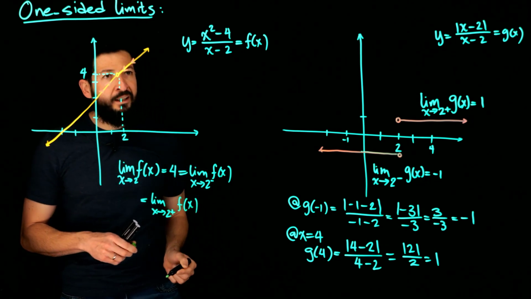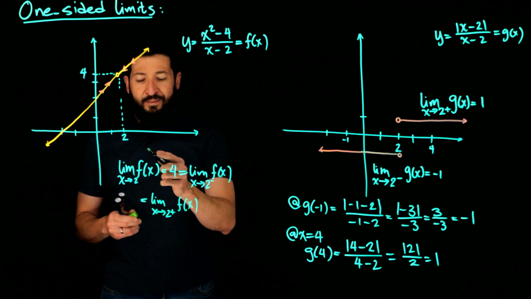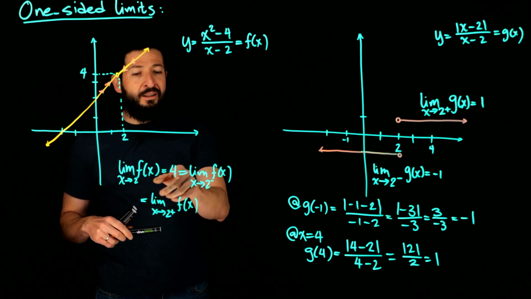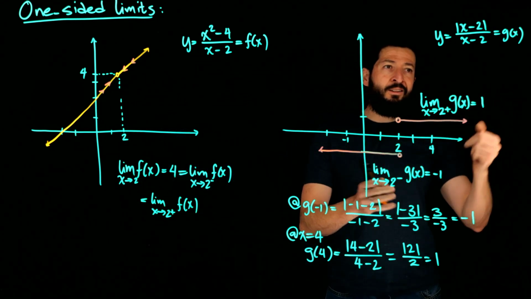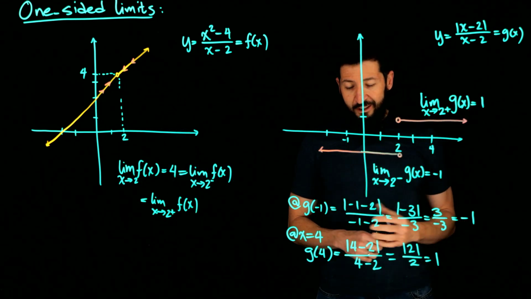So when the two one-sided limits coincide, you say that the function has a limit, and the limit is that same one-sided limit. And when the two one-sided limits do not agree, then the limit itself does not exist.